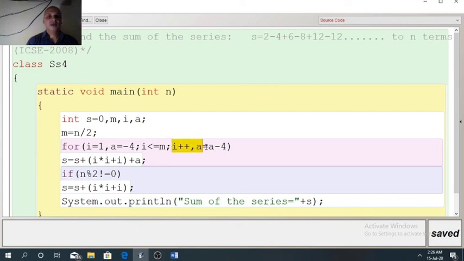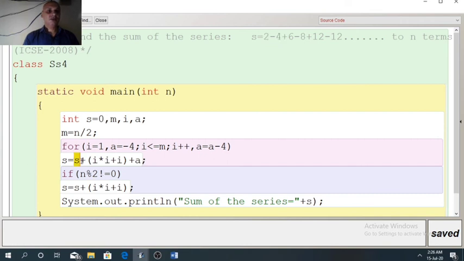After the body is over, I will become 2 and a will become -8. Now 2 is less than or equal to 3, satisfied. Now s equal to s plus. The previous value of s was 2 minus 4, that is -2.